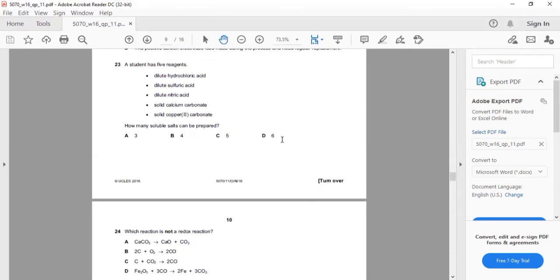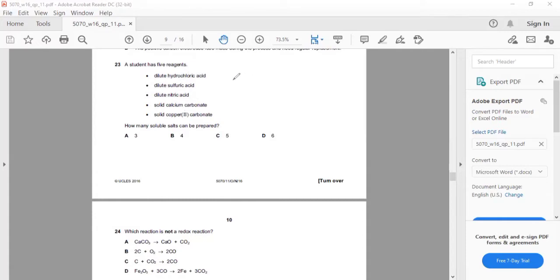A student has 5 reagents. How many soluble salts can be prepared? Okay, dilute hydrochloric acid, sulfuric acid, nitric acid. Question 23.